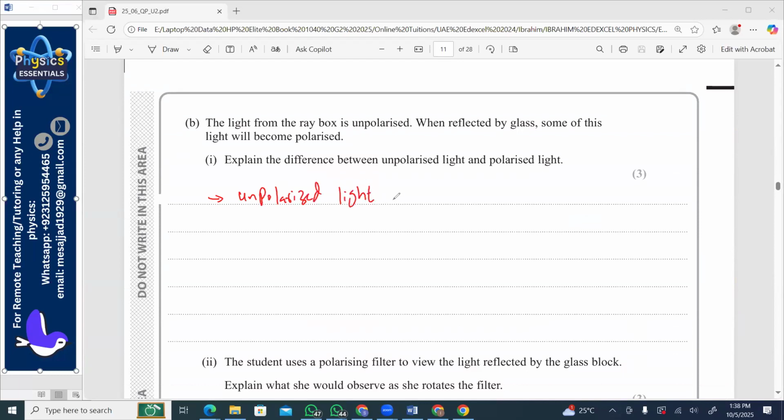unpolarized light moves or has oscillations. This is the keyword by Edexcel, so I'm going to write the keyword has oscillations.